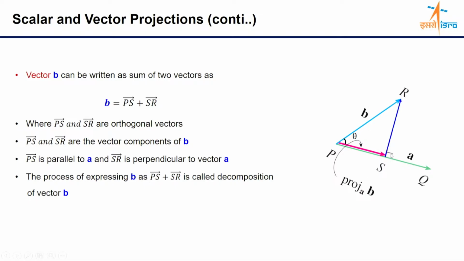So this is basically called the vector representation, or you can say the summation of vectors. So in the first equation only two sub vectors are involved, PS and SR, and in the other example I gave, three vectors are involved.